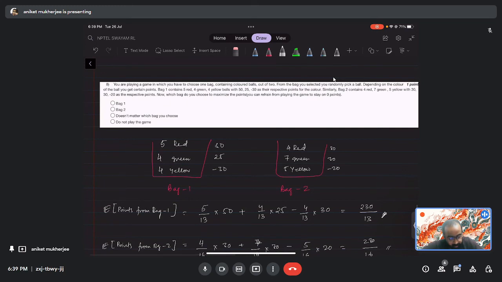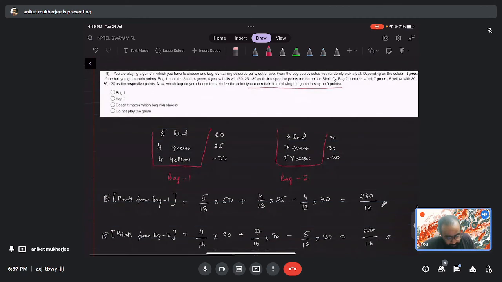Okay, so now coming back to the question, they have given that you can refrain from playing the game to stay at 0 points. So what does this imply? Since there are negative points for choosing a ball, it could so happen that when you calculate the expectation from both the bags, you are in negative.